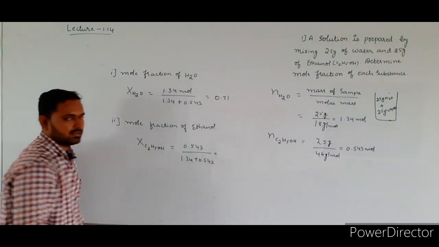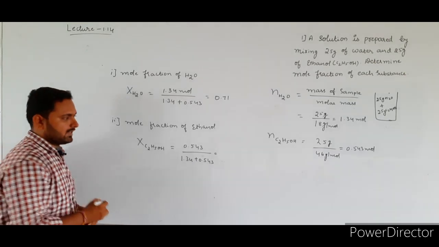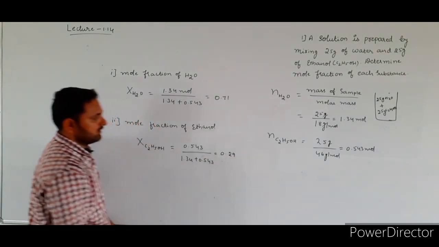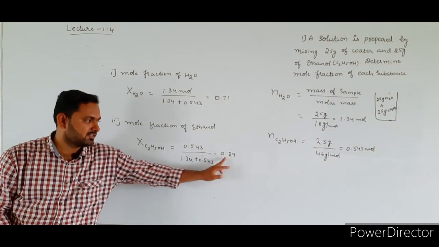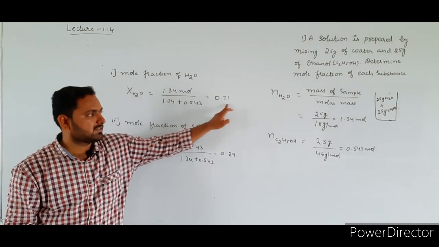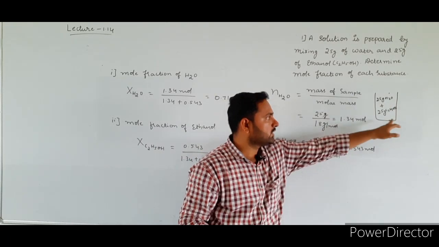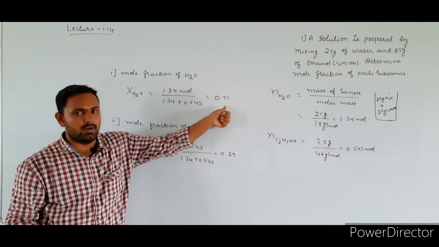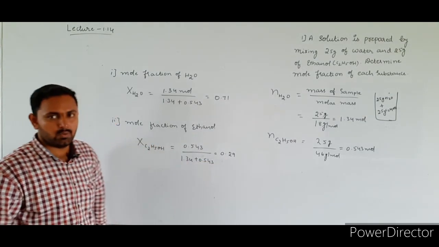Now you calculate. After calculation, you will get 0.29. The mole fraction of ethanol is 0.29, and in this solution the mole fraction of water is 0.71.